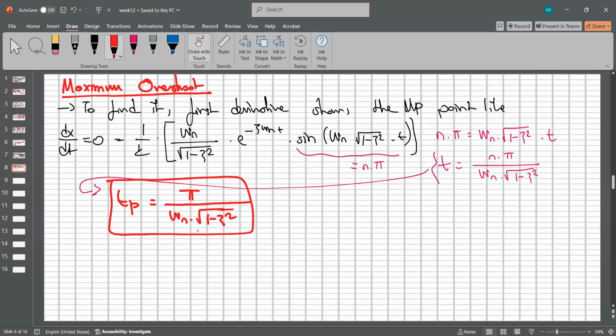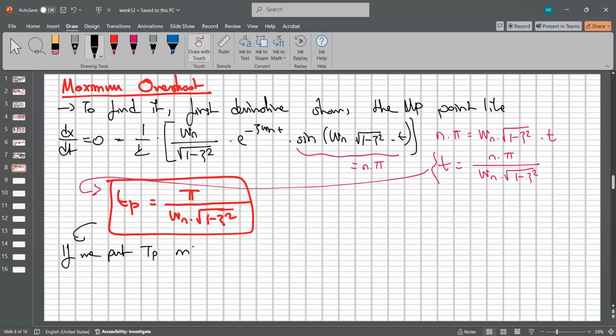If we know the wn and zeta, we can easily calculate the peak time of this system. Yes, the first.